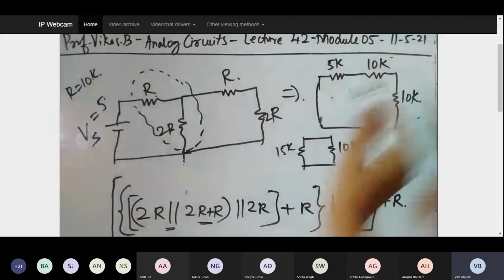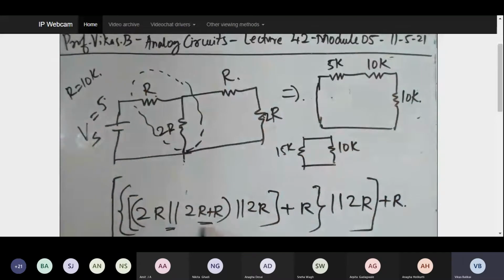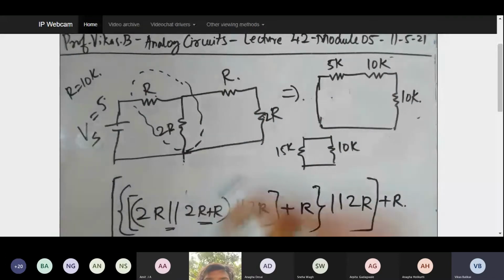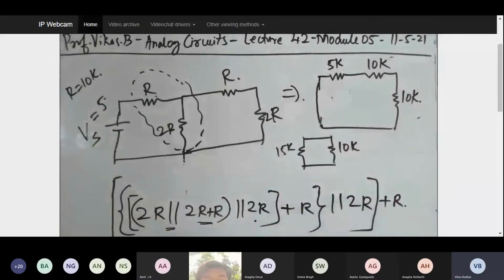Here I am writing it as 2R plus R in parallel with R. And that whole term will be in parallel with this 2R. That again in turn will be in series with this R. This whole will be in parallel with the next 2R. This whole thing will be in series with the next R. So this process continues until I reach all the resistances. And this is how I obtained this equation.